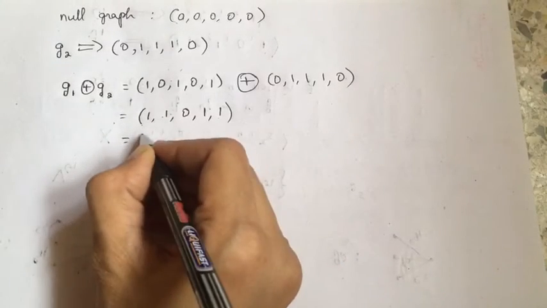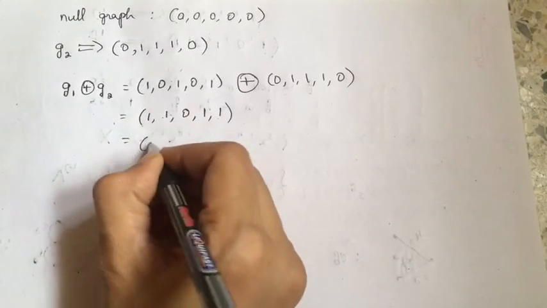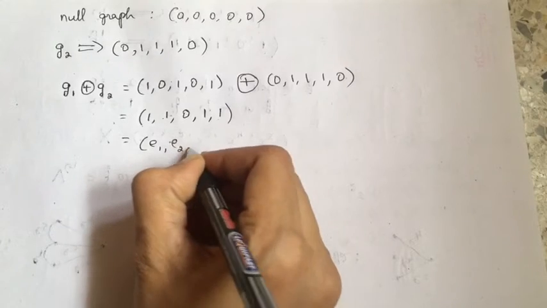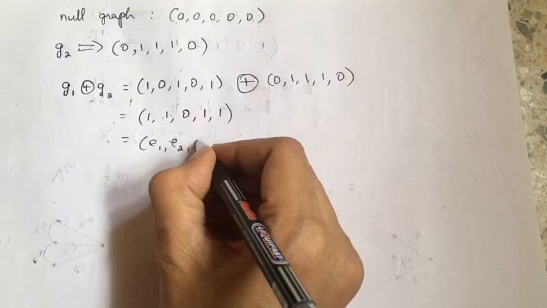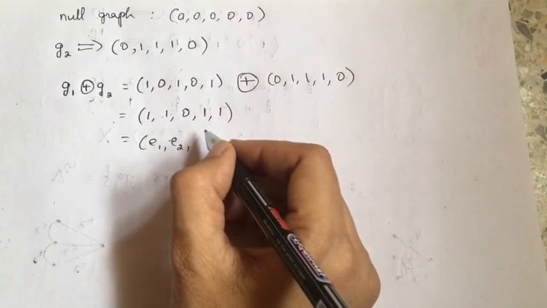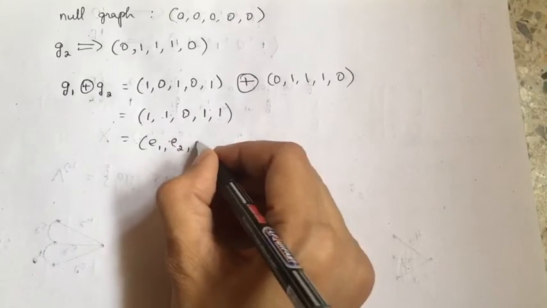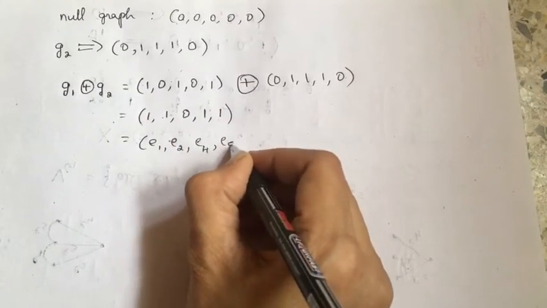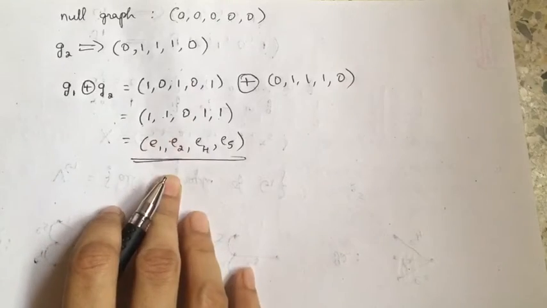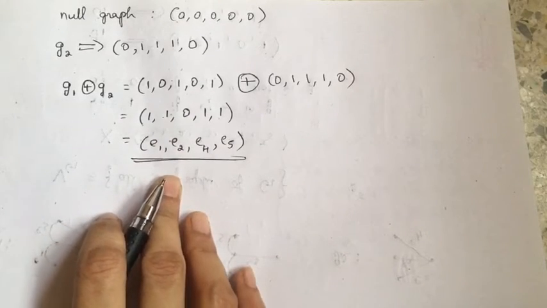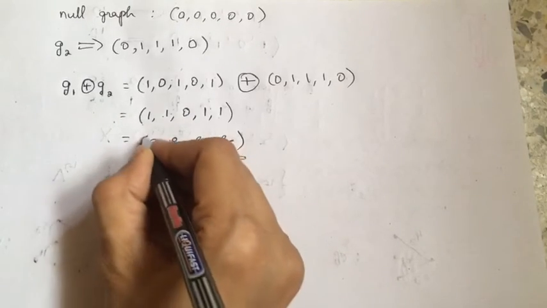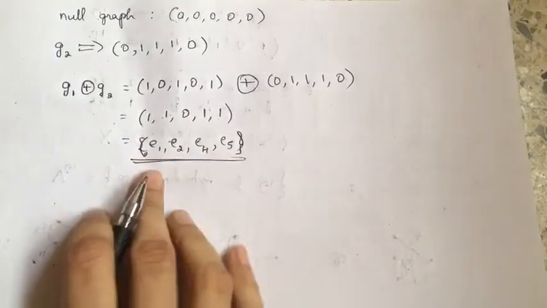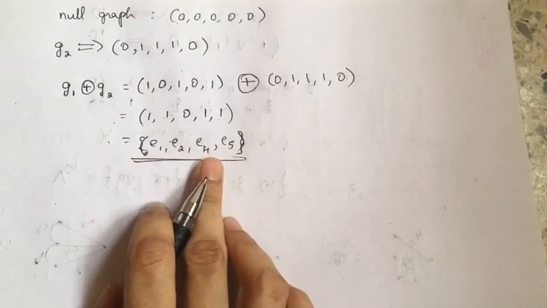So in fact, E3 is not there, and G1 ring sum G2 is the set E1, E2, E4, E5.